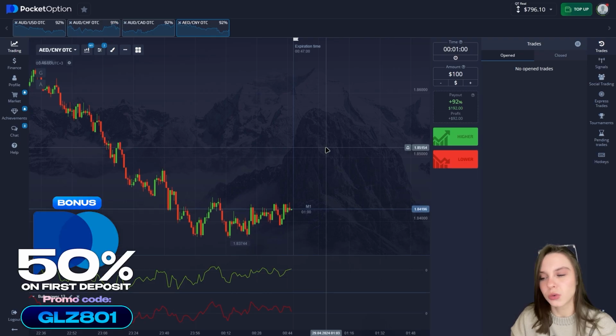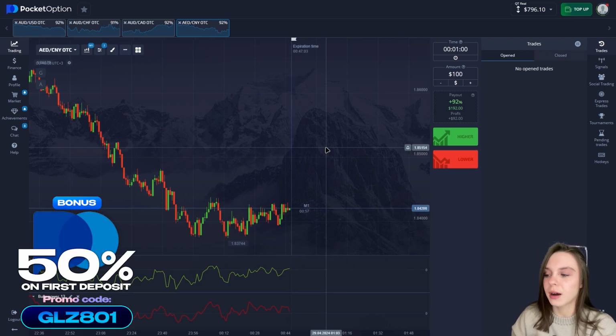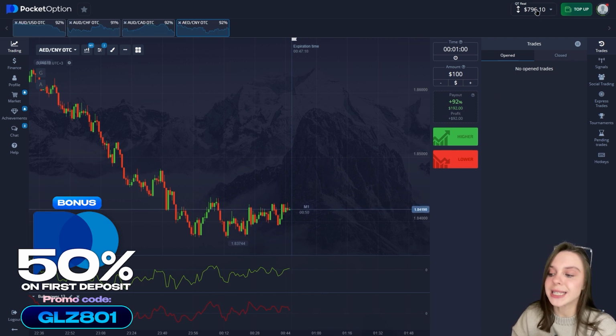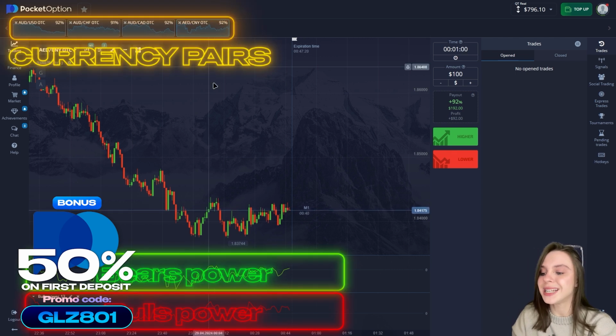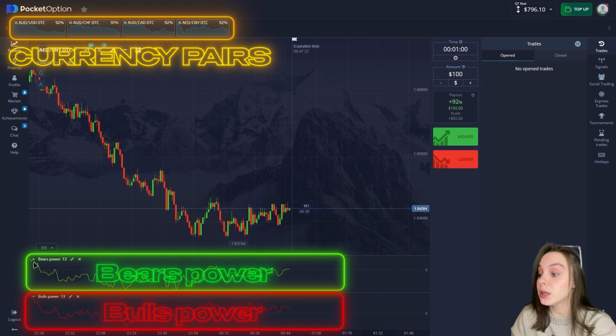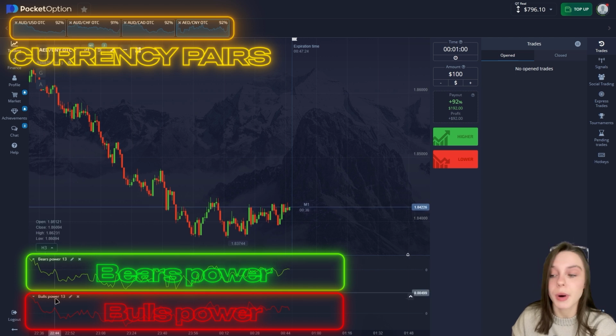Here we are already on Pocket Option and as I said earlier, the settings remain the same, so we finished on a balance of $796. We also have a time frame on the chart of a minute, the transactions are minute, only the currency pairs have changed. I chose the most optimal and the indicators are the same ones, the Bears Power and Bulls Power.